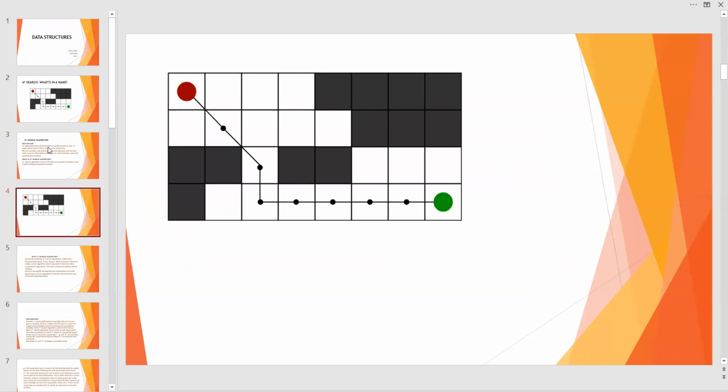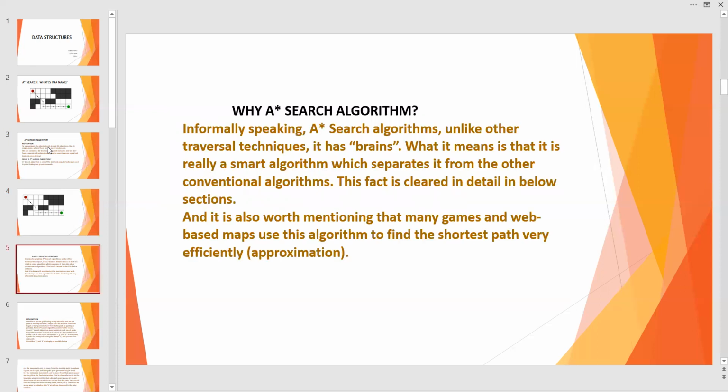This is the picture for the A* search algorithm. Why A* search algorithm? Informally speaking, A* search algorithm, unlike other traversal techniques, has brains.